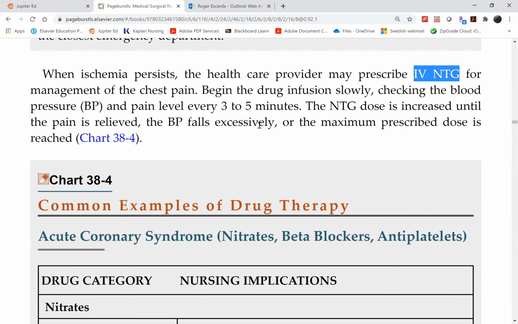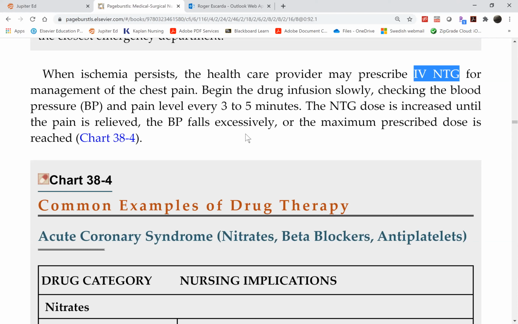Please review your 103 on solving calculation for micrograms per minute, because this is how nitro will be given. Did we do this practice before? Seems familiar. We did, right? No, this is a different class.